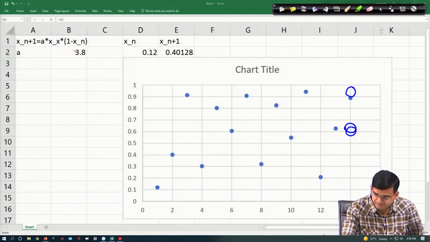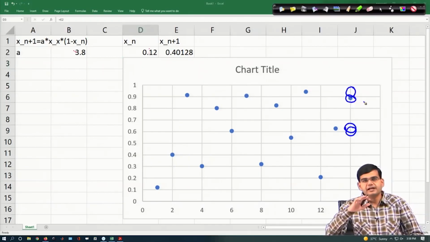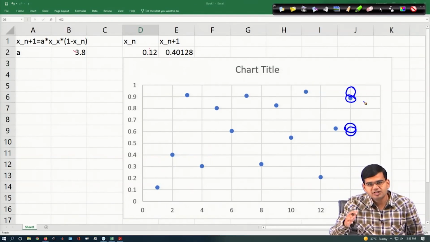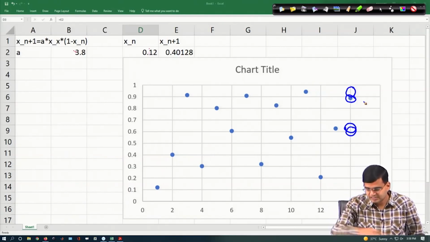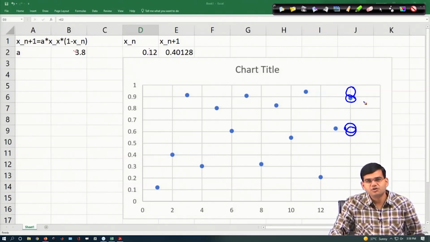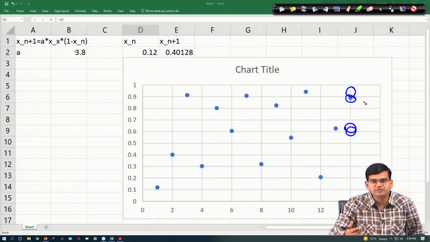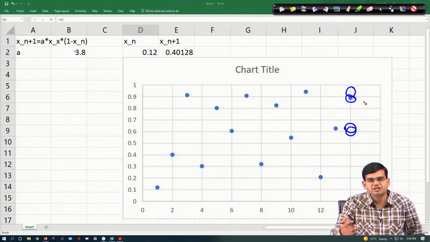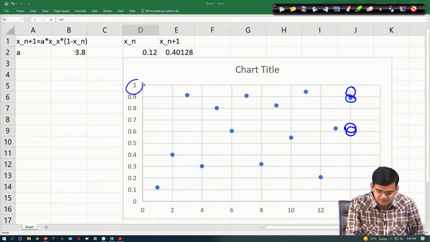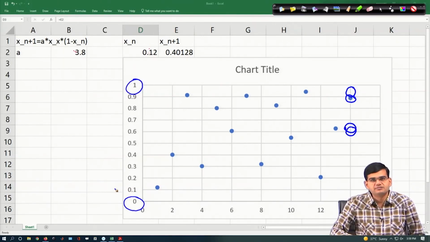I again come here, and then if you try to find out the trend which this entire set of points is trying to follow, then you will see that there is no trend which is followed. They are perfectly randomly distributed in this entire range of 0 to 1.